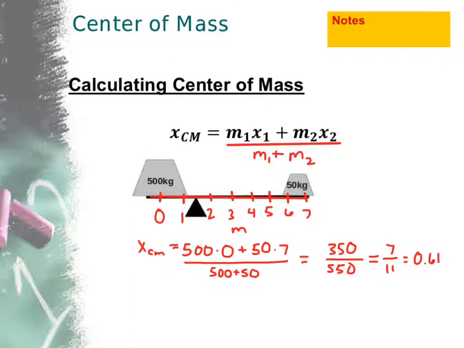We'll estimate that as 0.61. So the center of mass of this system, of these two objects, is actually right here at about 0.61. So I was right. So we would say that this location is the center of mass. Okay, so they actually drew that center of mass wrong. Oops.